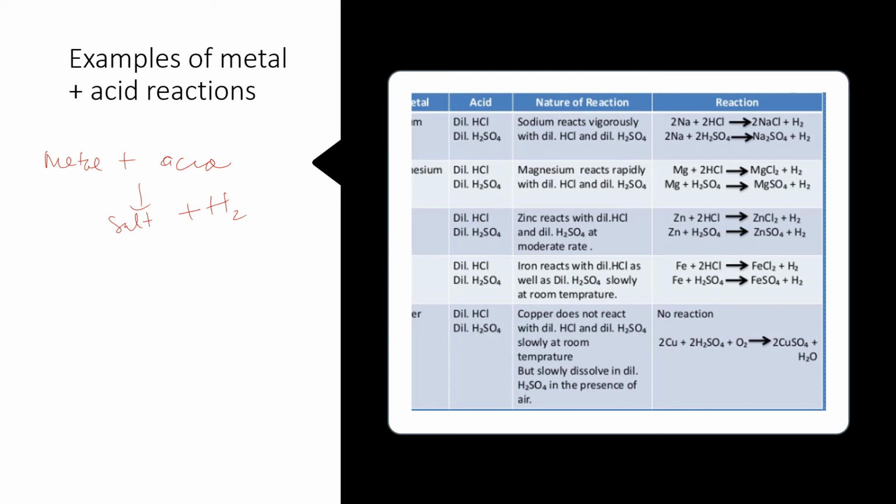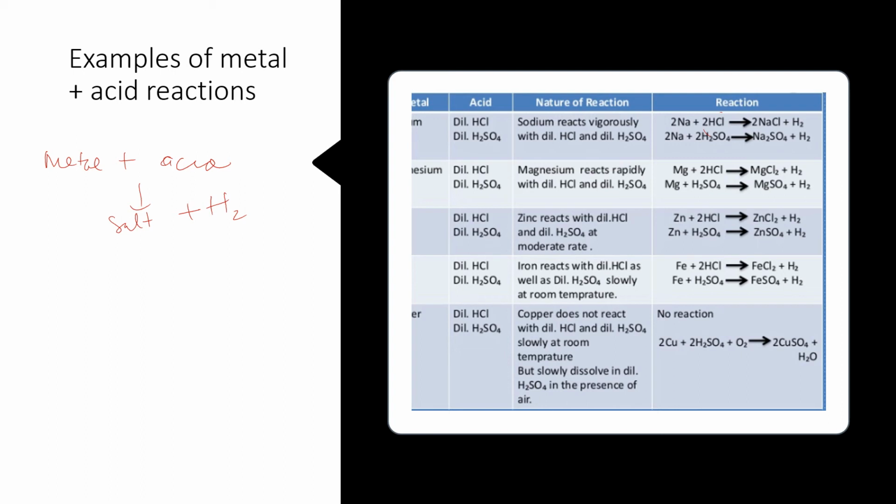For example, you have sodium and HCl to produce NaCl plus H2. For zinc, Zn plus HCl to form ZnCl2 and H2.